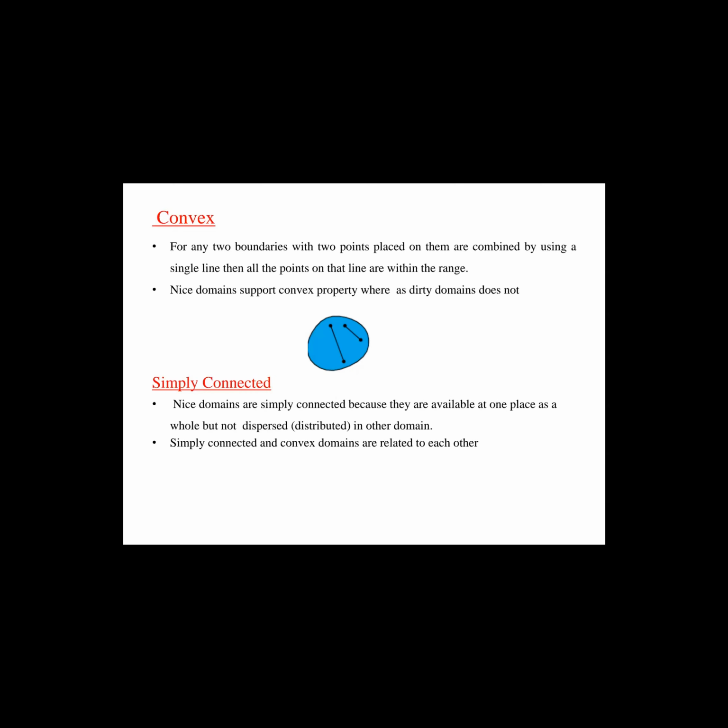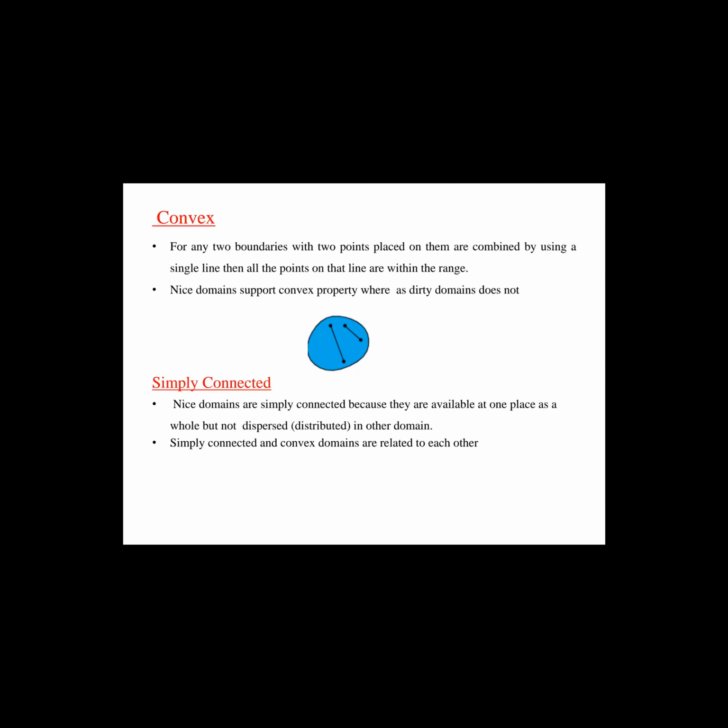The 2 points you are connecting, that line has to be in the boundary itself. Then it is called the convex boundary. If the points you are representing, or the connection, comes outside the boundary, then it is not convex. Then it's not a nice domain. Then it's called an ugly domain.